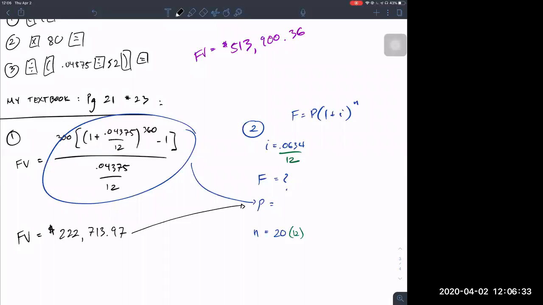What was the final answer for F equals P times 1 plus i? Let me find out. It's in the back of my book. I've got to scroll down to it. This is number 23. Nope. Okay, 23.